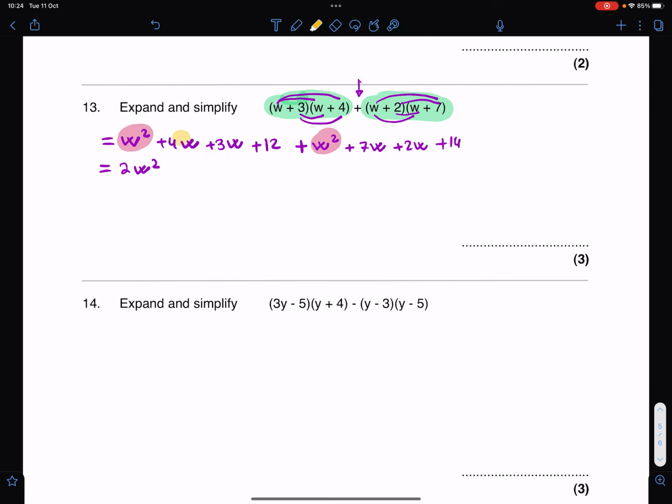We need to add 4w to 3w to 7w to 2w. 7w plus 7w is 14w, plus 2w gives us 16w. 12 plus 14, how much is this? 12 plus 14. So the final answer is 2w squared plus 16w plus 26.